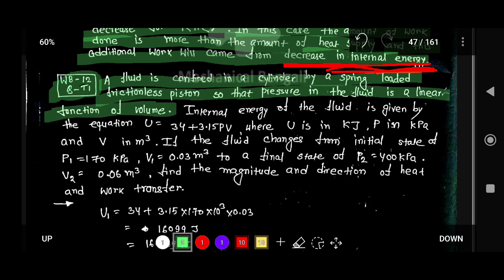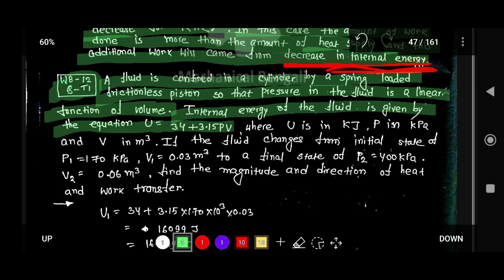Internal energy of the fluid is given by the equation U = 34 + 3.15 PV, where U is in kilojoule, P in kilopascal and V in meter cube.